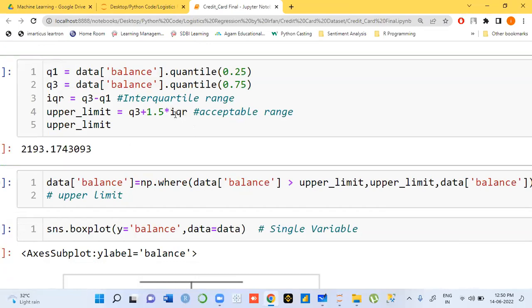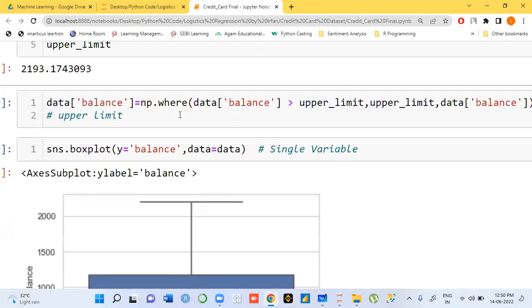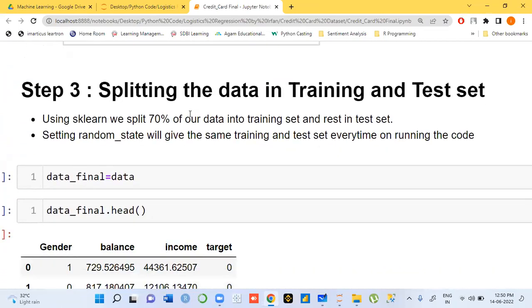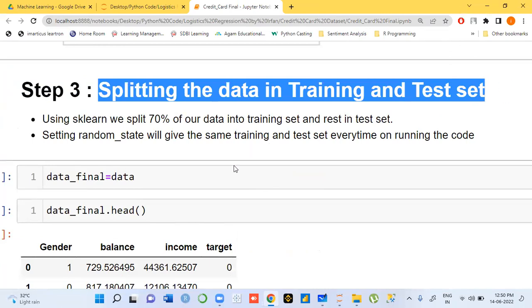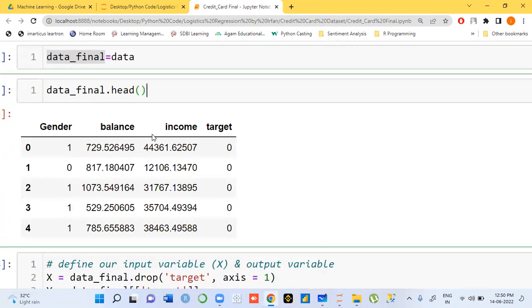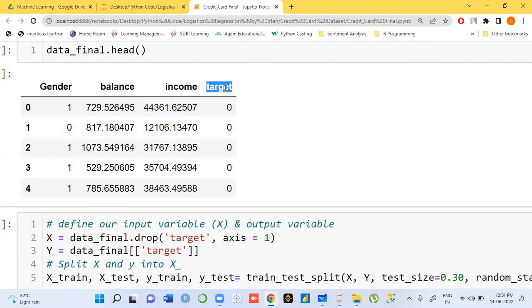I am using winsorizing. If you want to go with mean, you are allowed to go. Clear? Okay. Now we are splitting it into training and test. This is my data. I'm assigning it in final data and I check the head. If I remove target, what remains?